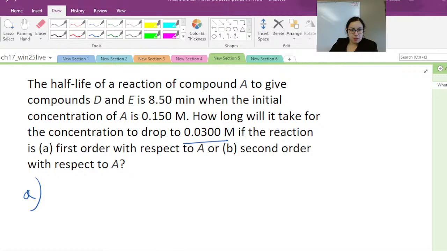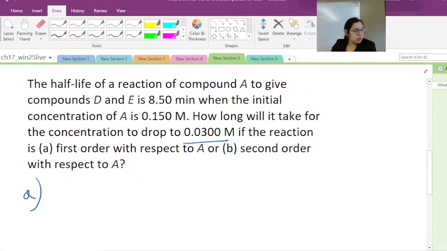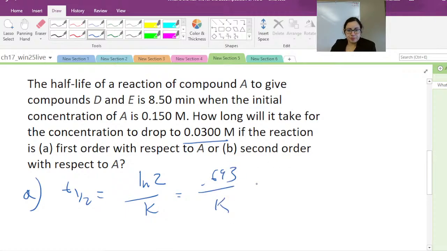So yeah, exactly, right? So let's do that. We'll solve for half-life first. So ln of 2 over k, or right, 0.693 over k is equal to, they told us the half-life, 8.5 minutes.